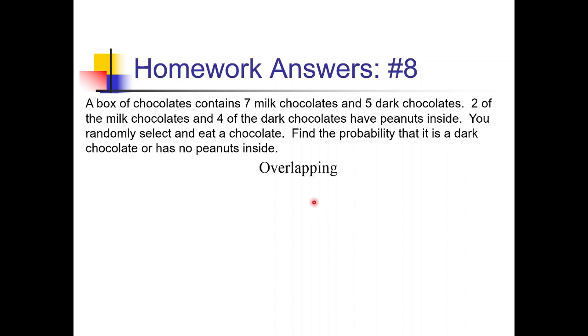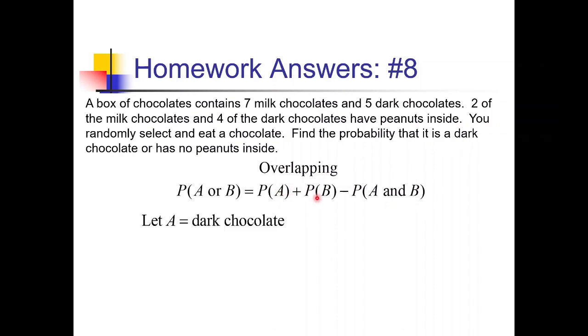So this is overlapping. We're going to use the overlapping formula, P of A plus P of B minus P of A and B. Let's let A represent dark chocolate, and let's let B represent no peanuts. So probability of dark chocolate, let's start there. Well, there's 5 dark chocolates out of a total of 12 if we add those together.